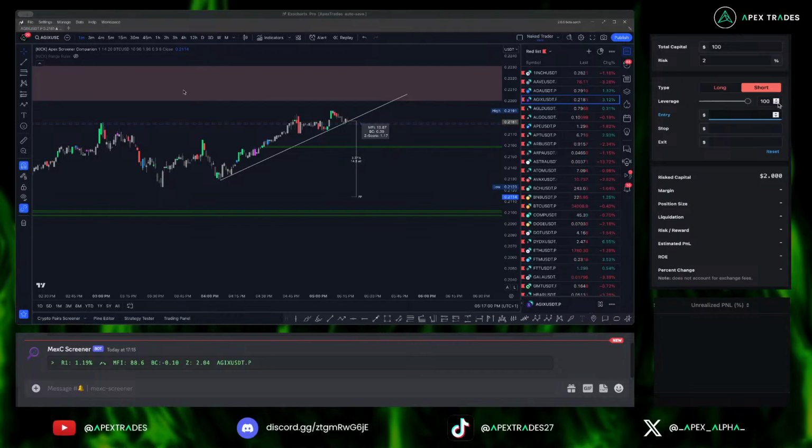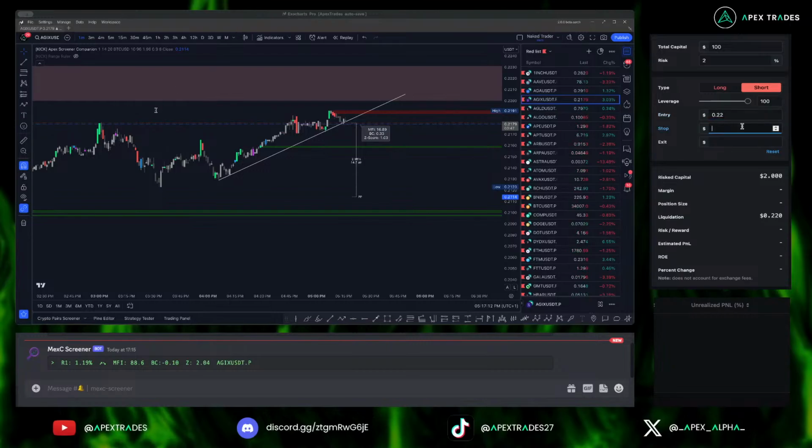We're only getting our eye in. 0.22. Where would our stop loss be? Probably somewhere above that. Well, we don't know yet, but I'll say 0.23. And then exit, forget about that. So the position size is going to be 200. That will be for a risked capital of only $2, so I want that to be 20%.